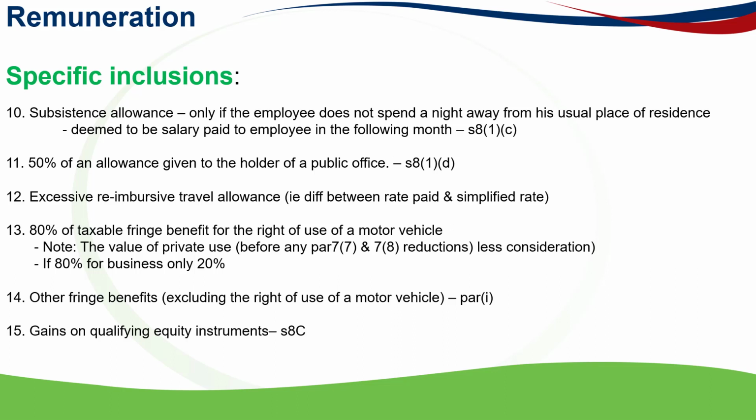And then any gains on qualifying equity instruments in terms of Section 8C will also be included in remuneration. And then lastly, any amount that is received in terms of a maintenance order, that is your Section 7-11, is specifically included in remuneration.